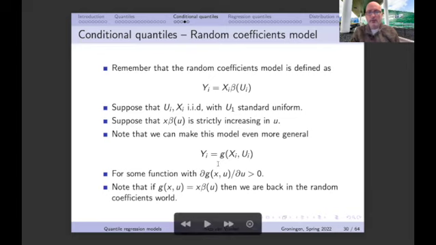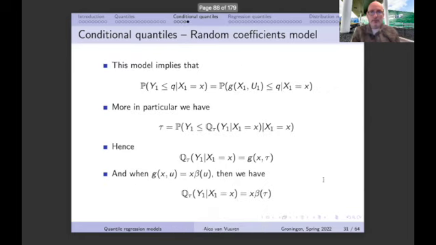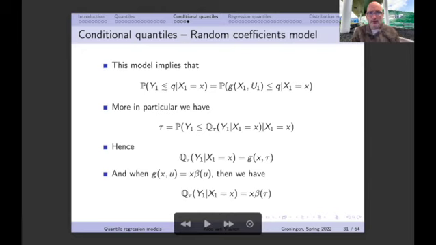Note that this is a very general specification and that the random coefficients model is just a special case, because if I write my model as g(x,u) equal to x times beta(u), then we are back in the random coefficients model. But based on this model we can look at the conditional quantiles. For that, the best thing to do is to first look at the probability that y1 is smaller or equal to q conditional on x1 equal to x.